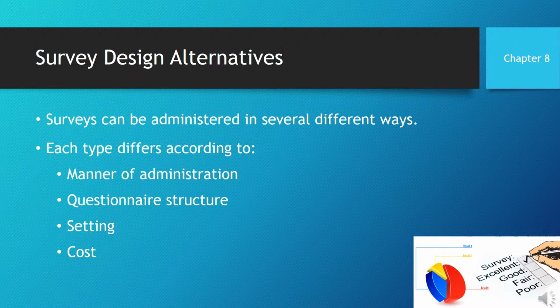Survey design alternatives. Surveys can be administered in several different ways. Each approach differs in one or more important feature, such as manner of administration, questionnaire structure, setting, and cost.